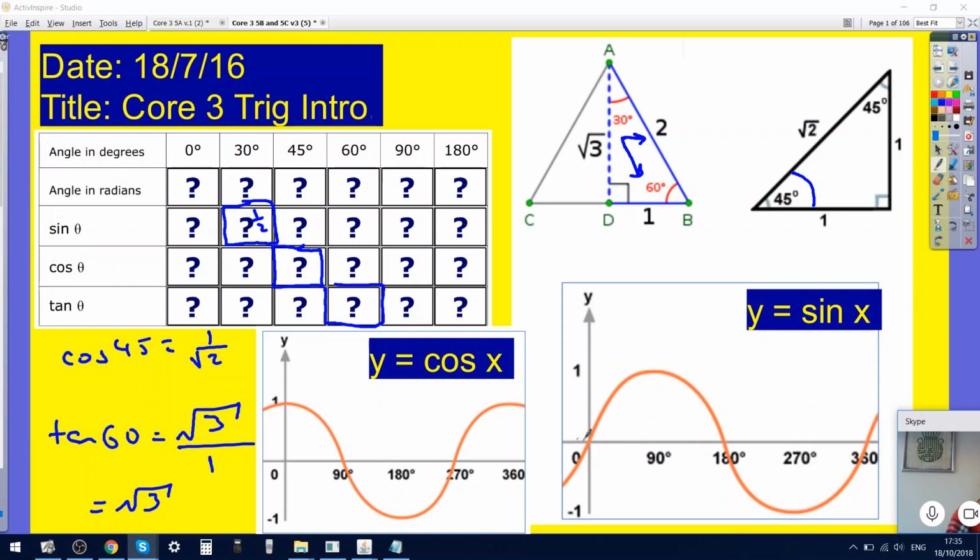You see how if you look at all three graphs, I've got sine x and cos x, and the tan x graph as well. Between 0 and 90, sine x is positive, cos x is also positive, and tan x will also be positive. Between 90 and 180, cos x is the only one that's negative.